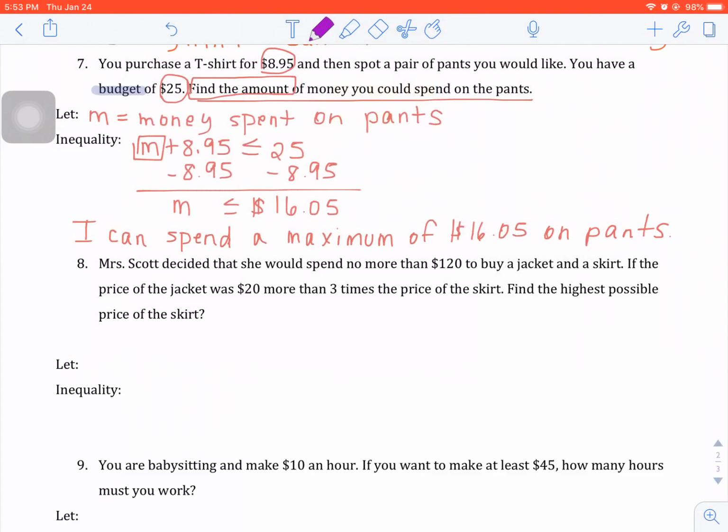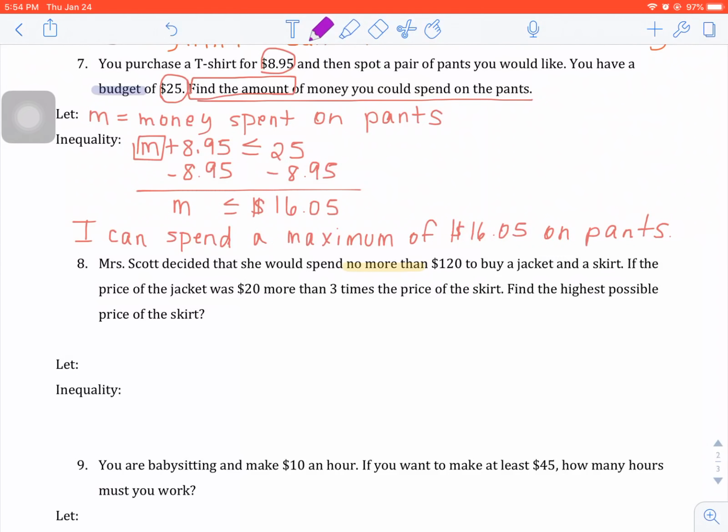Okay, if we look at number 8, Mrs. Scott decided that she would spend no more than, let's go ahead and highlight no more than, $120 to buy a jacket and a skirt. If the price of the jacket was $20 more than 3 times the price of the skirt, find the highest possible price of the skirt.